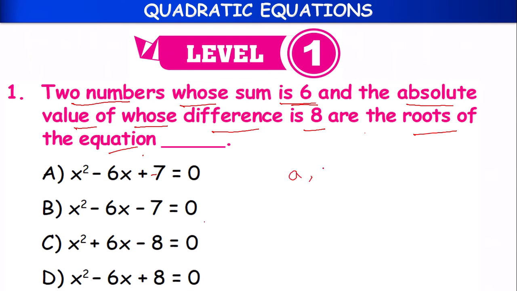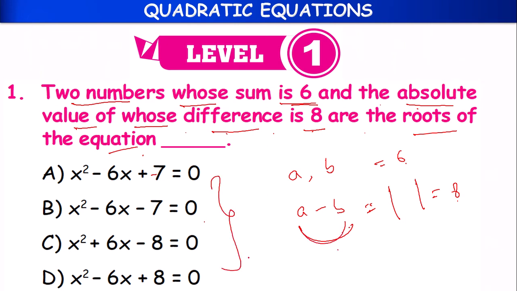Means two numbers whose sum is 6 and the absolute value of whose difference is 8. Then what are those numbers, and those numbers belong to which of these quadratic equations, that we have to identify.